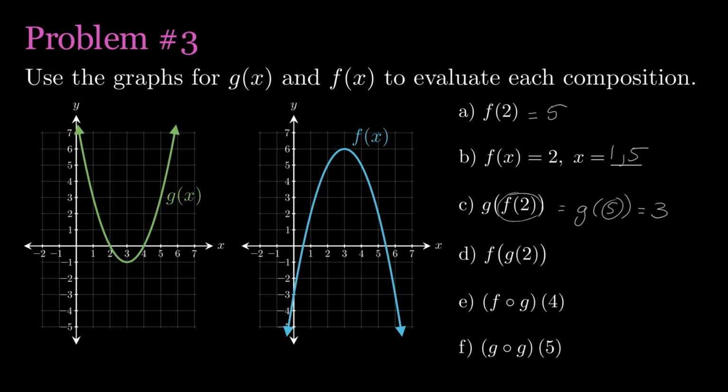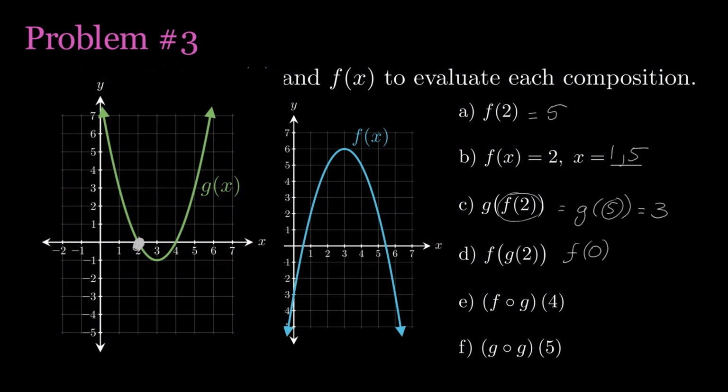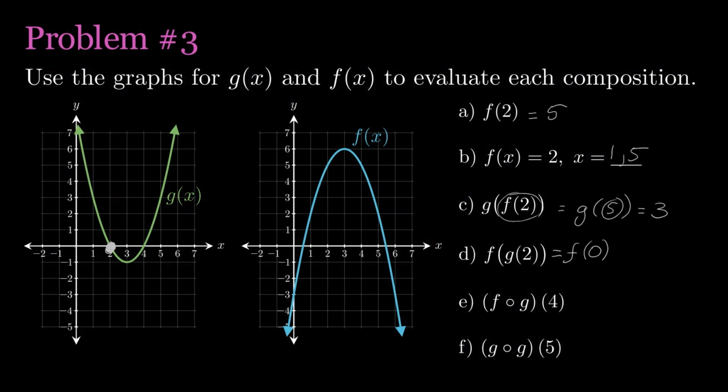In part D, we have to find f of g of 2. So first we need to identify what g of 2 is. So on the graph for g, we look at the input of 2 and where's the point on the graph of the function with that x-coordinate. And it looks like it's that point right there. And identify its y-coordinate, which in this case is 0. So g of 2 is 0, and that will be the input to which we will apply the external function f in here.